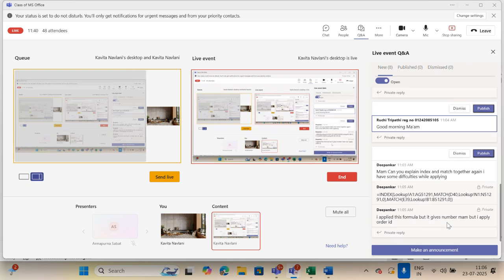I applied this formula, but it gives me the number error. Num error means what? If D40 is supposed, just tell me, D40 is equal to what? What have you written in D40? Please tell me.